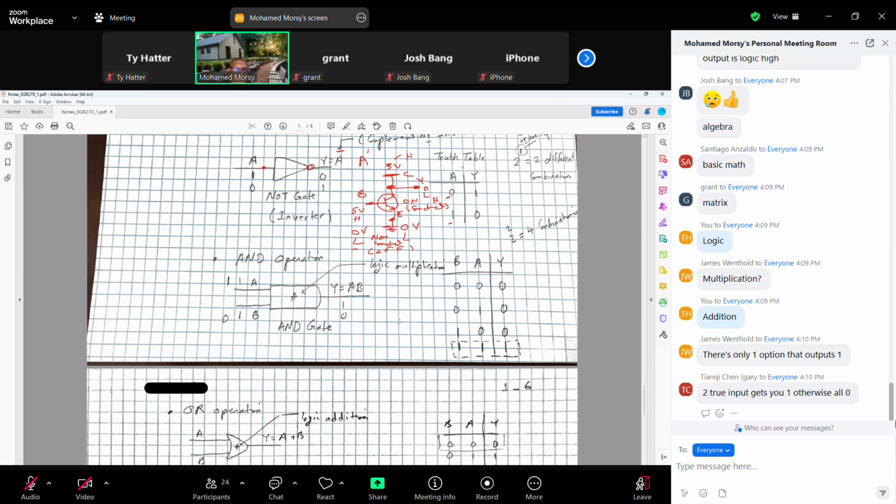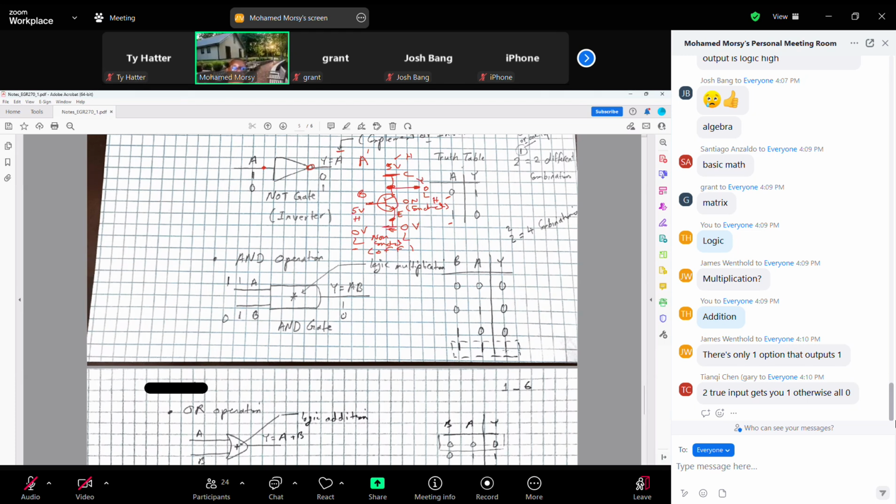Perfect, James, thank you. Exactly. James mentioned, look here. You see all outputs are zeros, except this case here.